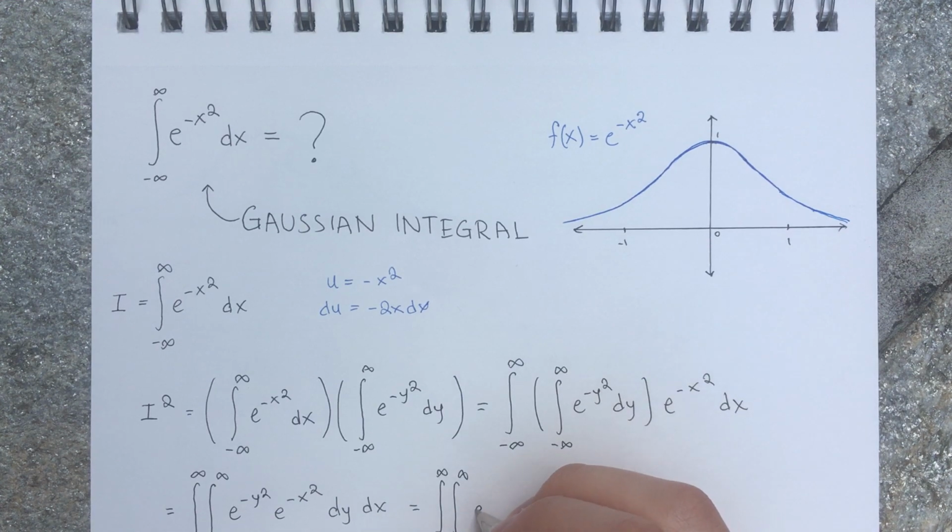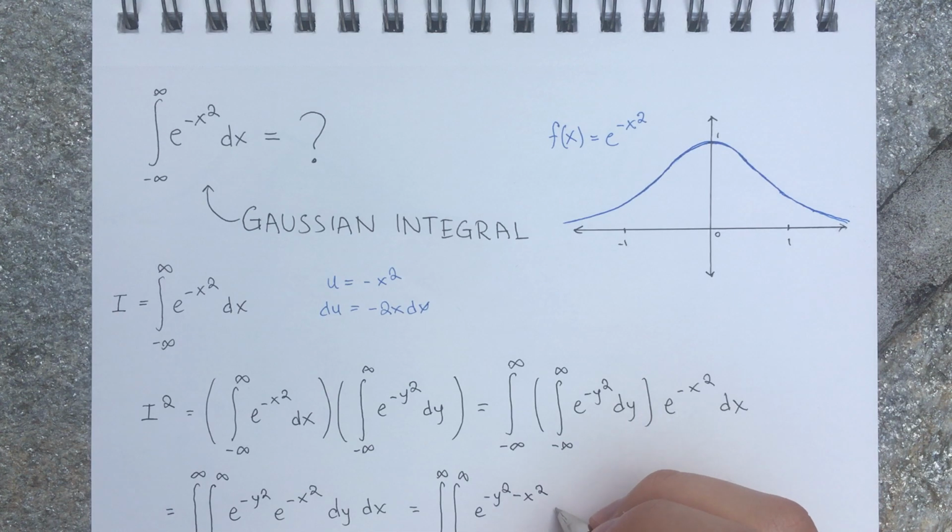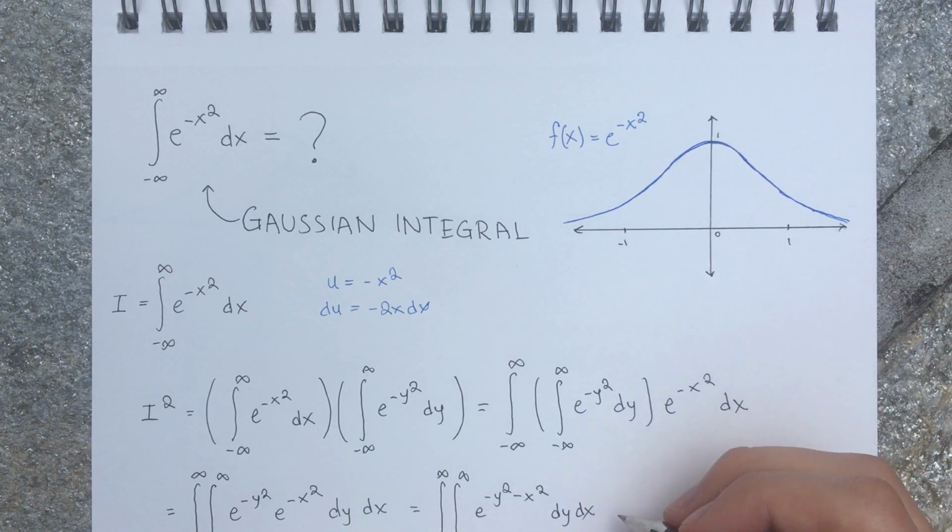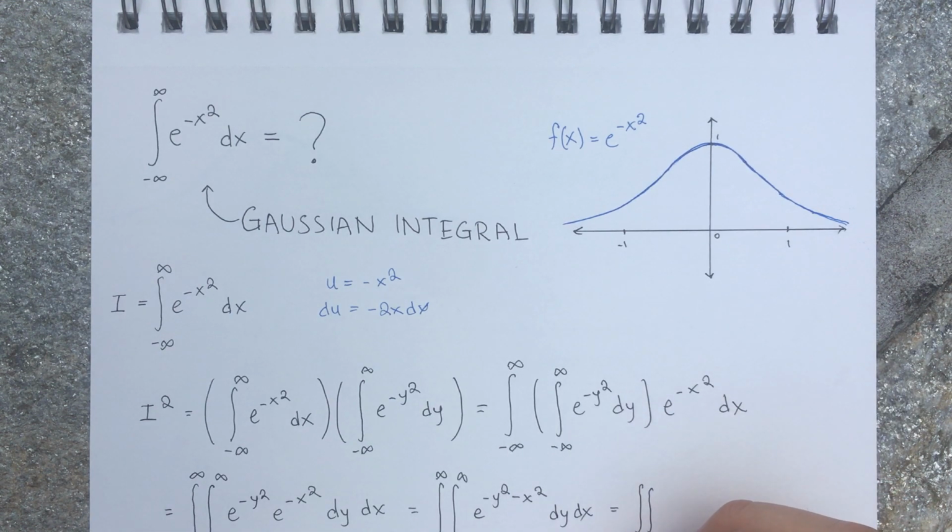Here we'll have e on the bottom, and we'll simply add these two numbers together. dy dx.